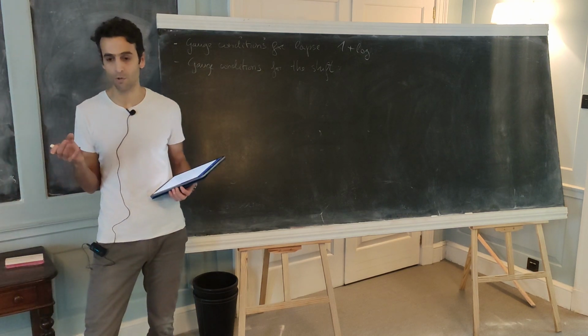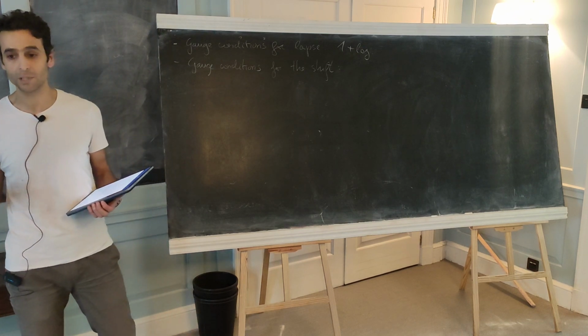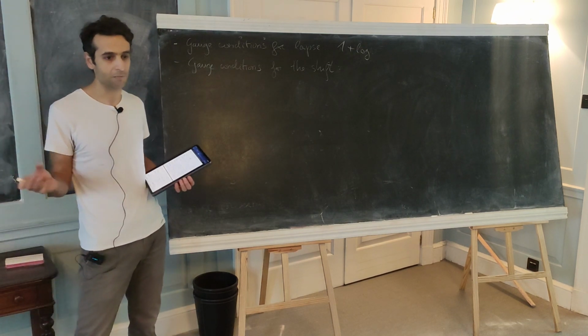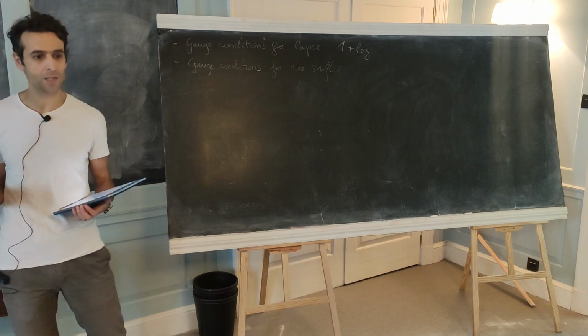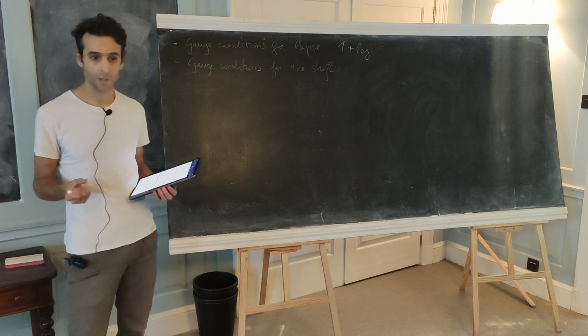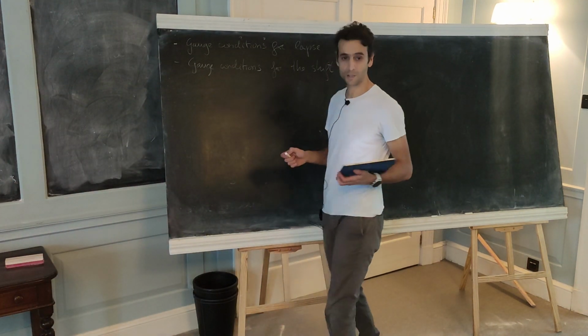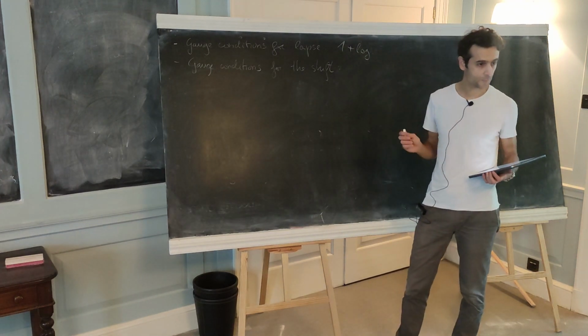And large gradients are always bad numerically, right? Because the larger the gradient, the more resolution you need to resolve it. Or if you have finite resolution, as in any practical simulation, then the larger the numerical errors you will have in that region. So we want to find conditions that minimize the deformation in the spatial slices.